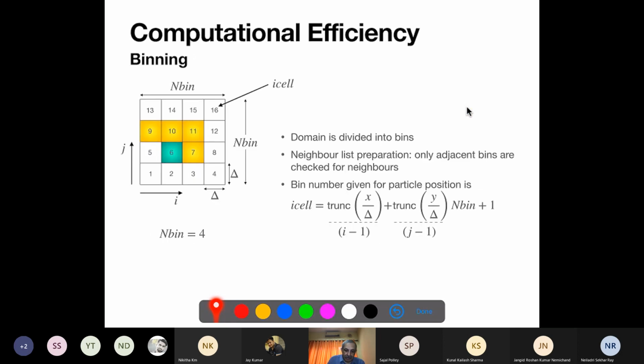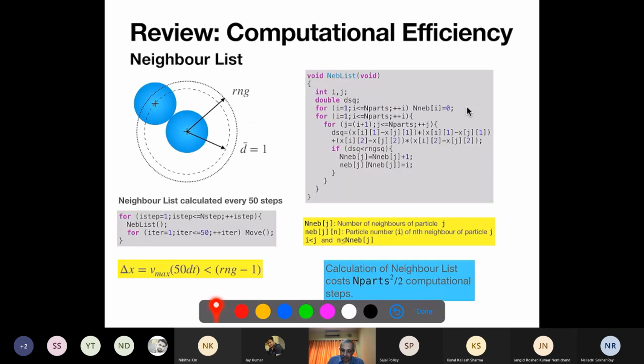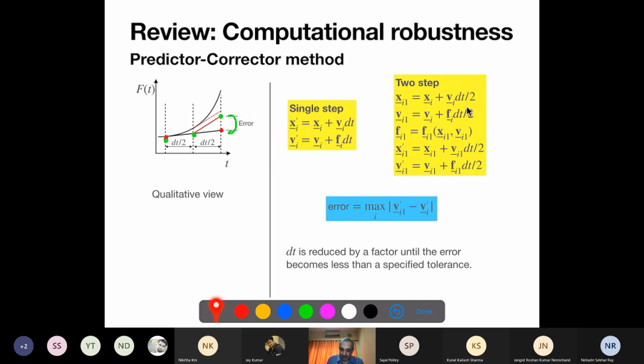But the basic point is that you simplify this process quite a lot, because you're not trying to find the neighbors by looking at every particle, but only at particles in a small region of the domain. So this number becomes much smaller. Instead of n part squared, it may be something like just 50 squared, and that doesn't increase with the total number of particles.